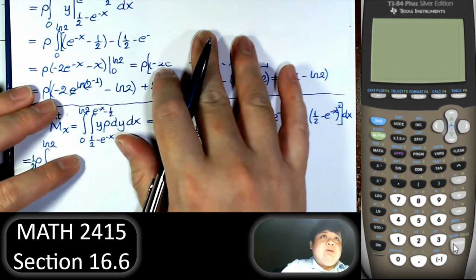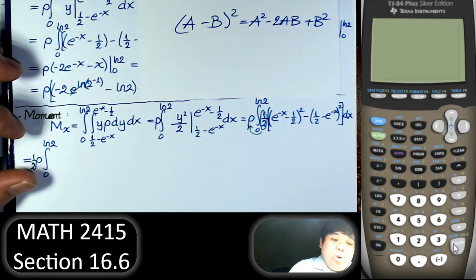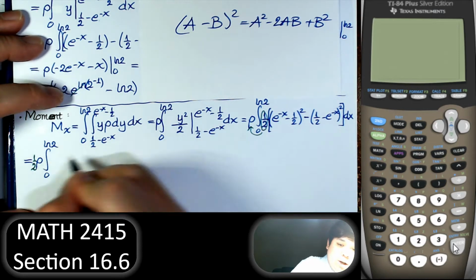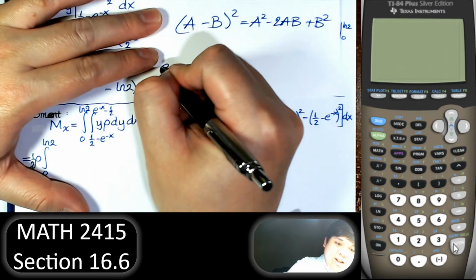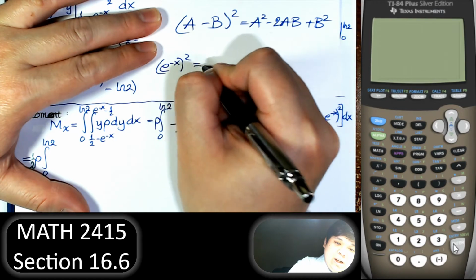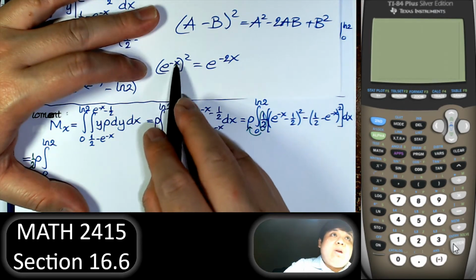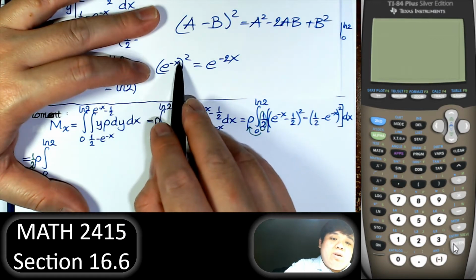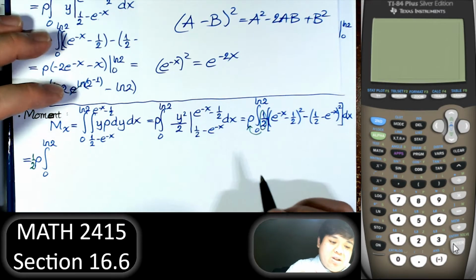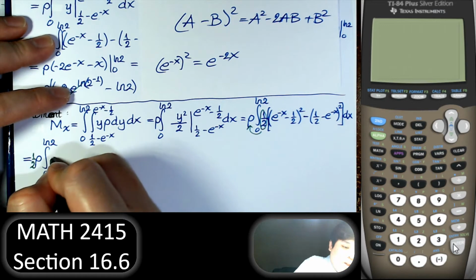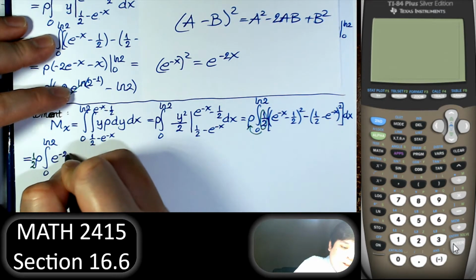If we multiply it out, that's what we use. So e to the negative x squared is e to the negative 2x. When we have the power 2, we multiply the exponents. So I have e to the negative 2x.